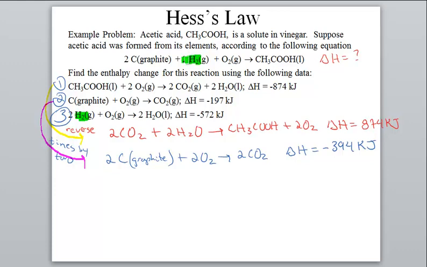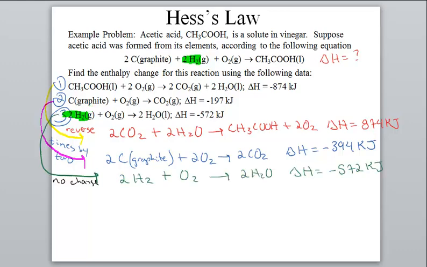There's 2 hydrogens in the net reaction. There's 2 in reaction number 3. So we don't need to multiply by a number. It's a reactant in the net. It's a reactant in the reaction. All this means leave reaction 3 alone. It's good to go. So we'll just rewrite it, but nothing's going to change.